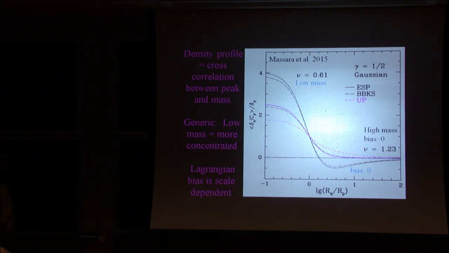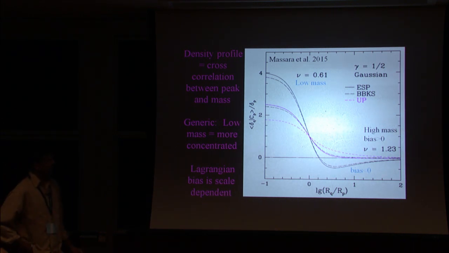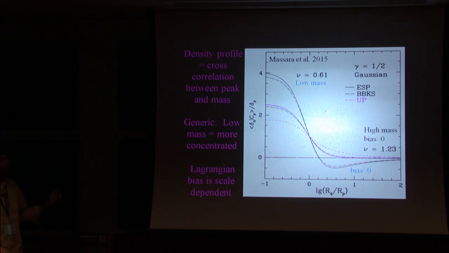I guess I'm missing something. It looks like the smaller peaks, the low mass peaks, have a higher bias here. Okay, so let's look carefully. These are low mass halos. Low mass halos means that this RP is a smaller number.